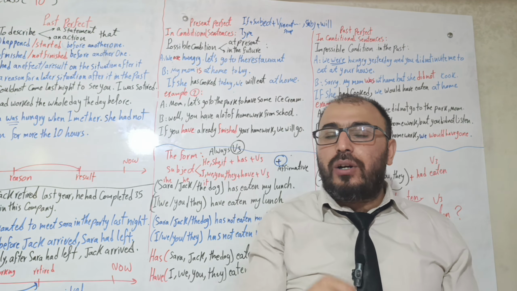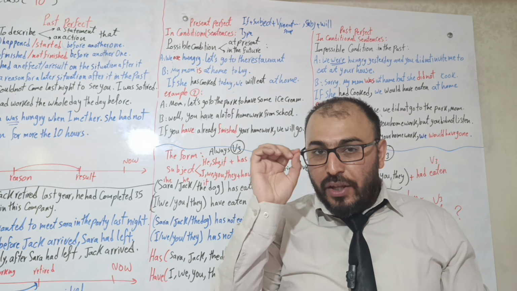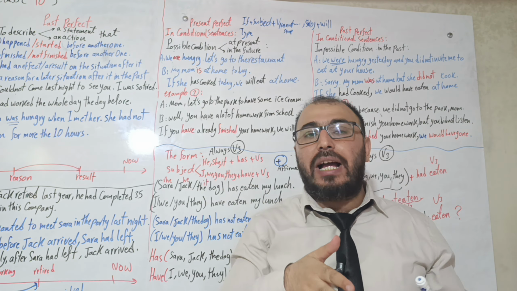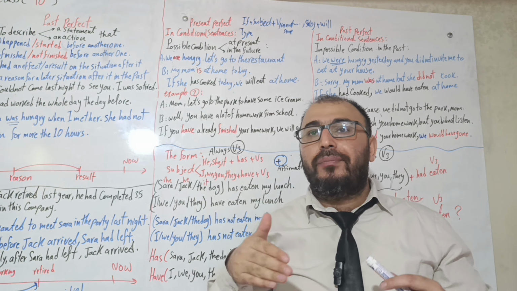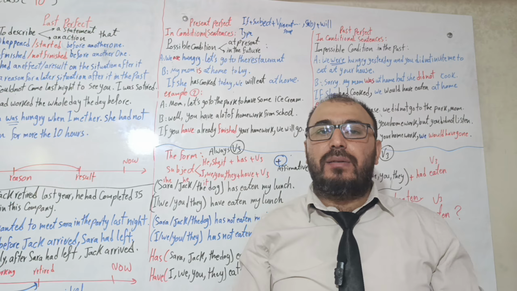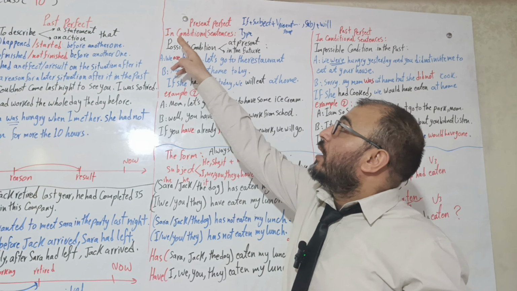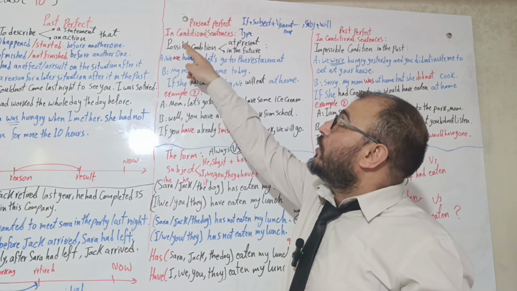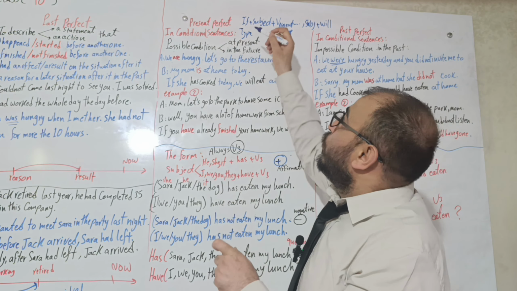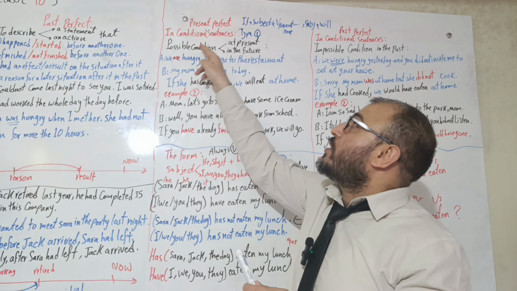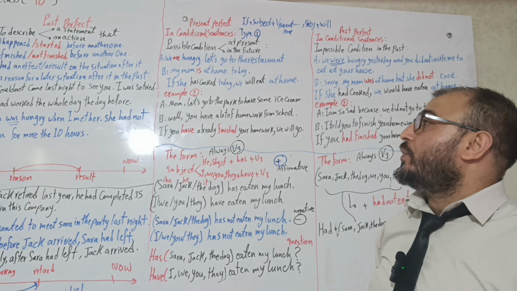This point, my friends, is going to be explained thoroughly and precisely in the next classes, so that we will finish this misunderstanding. Generally, we can use present perfect in conditional sentences type 1 to describe a possible condition at present or in the future.